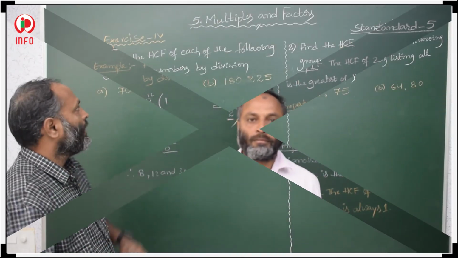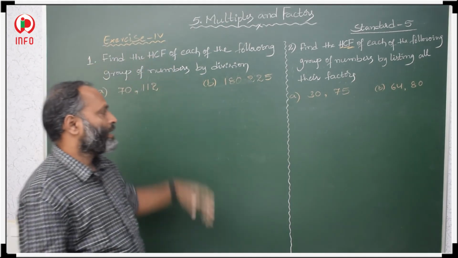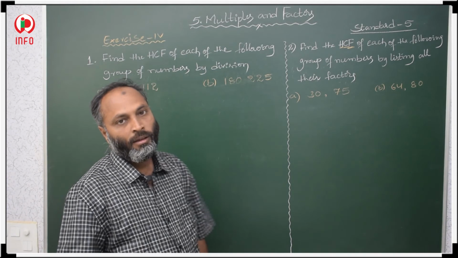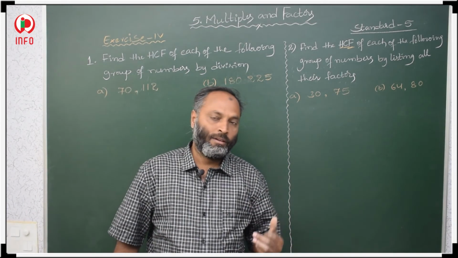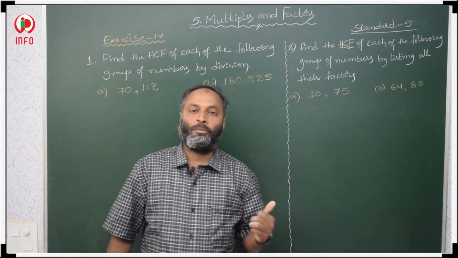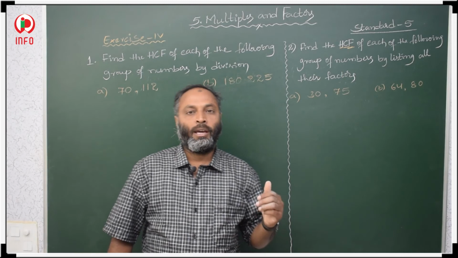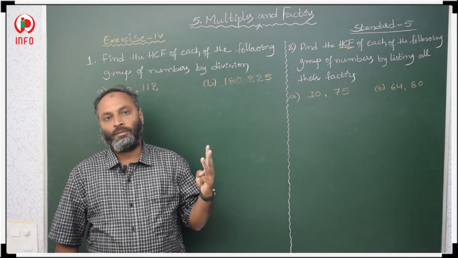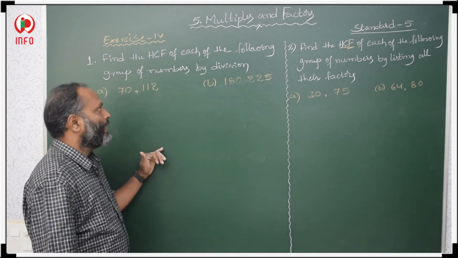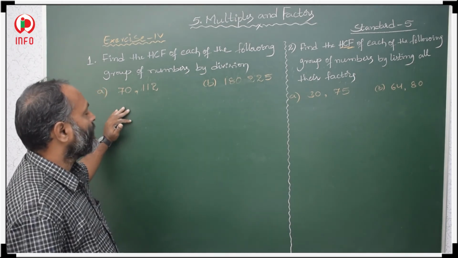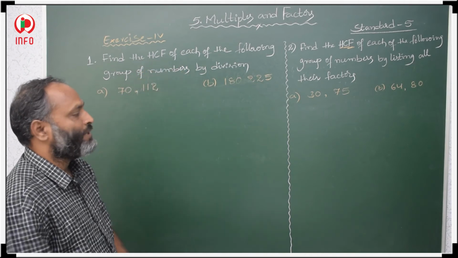Okay. In exercise 4, the first question: we have to find the HCF of the following numbers using the division method. Already we did how to find HCF and what is meant by HCF, and we did 3 various types. So here the first question asks us to find the HCF using the division method.